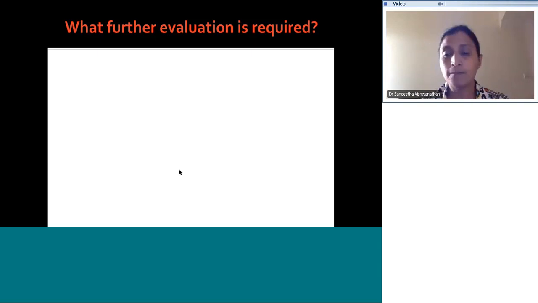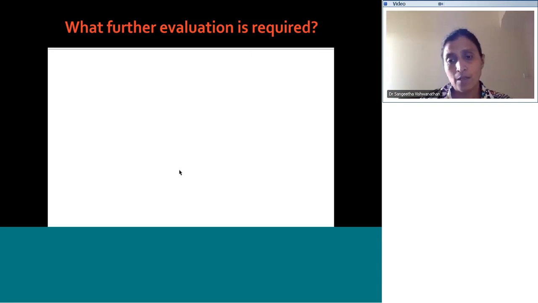What is the definition? What should be the degree of fall in BP? Correct. So systolic BP fall of more than 20 millimeters of mercury when you stand the patient up from supine. Usually this will happen within a few minutes of standing the patient up.